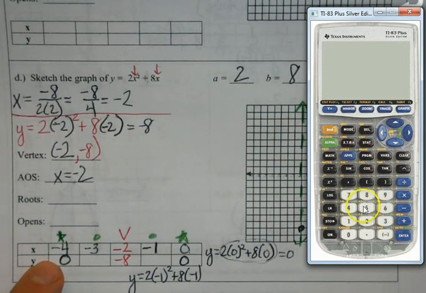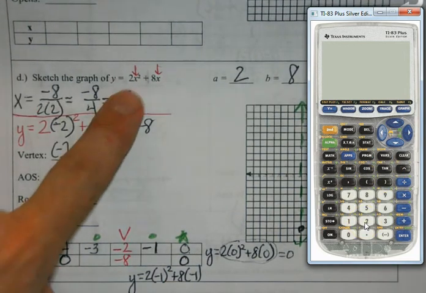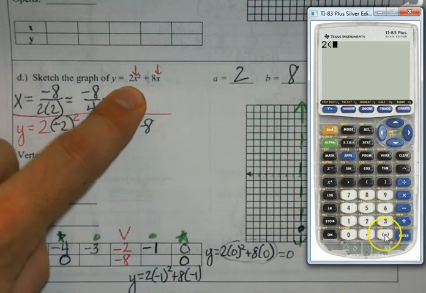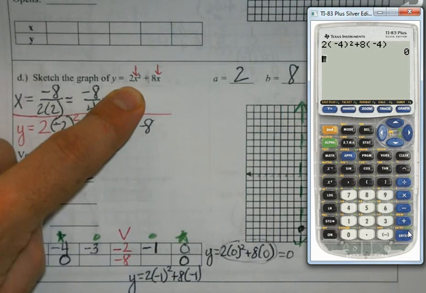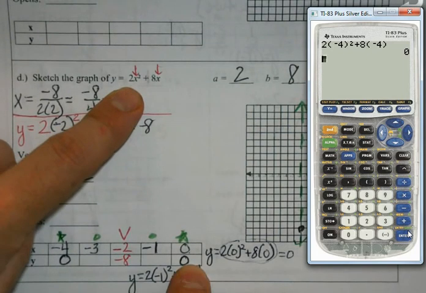So let's say I did plug that -4 in, because I wasn't sure this 0 was right. So if I did that, okay, so here's my equation. I'm going to plug the -4 in. And let's see if Hardy's right or if he's blowing smoke here. Okay, so I still got 0 like I did on this one.